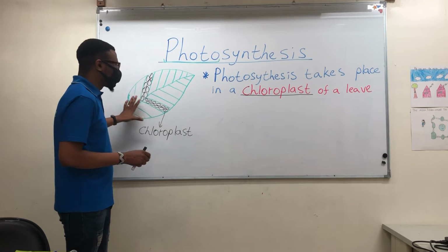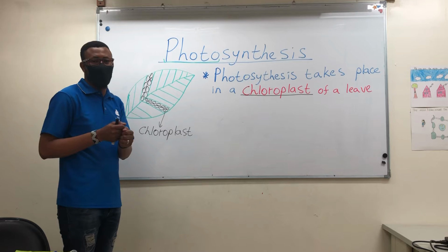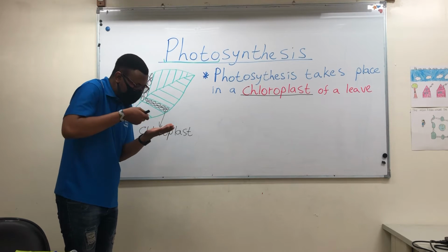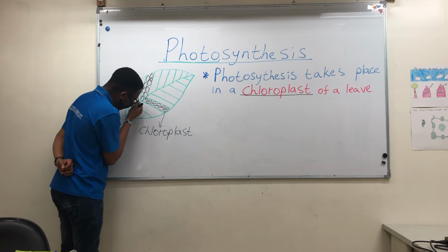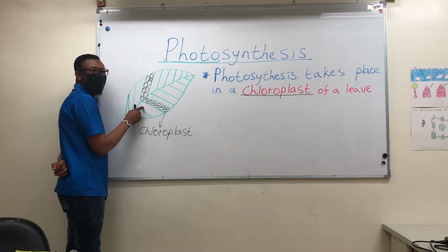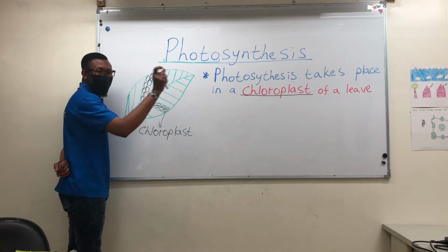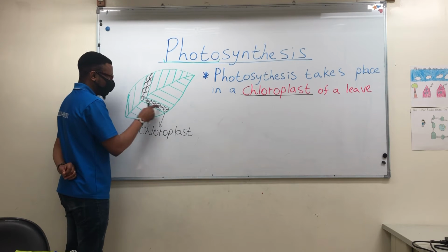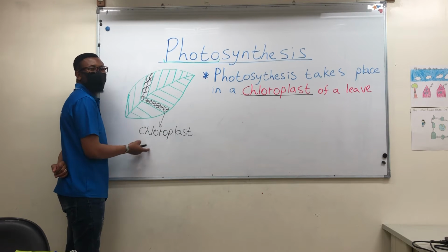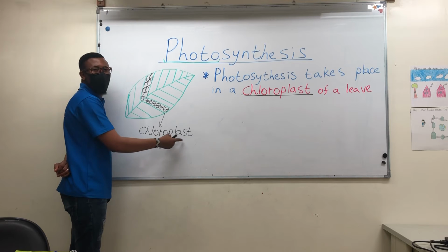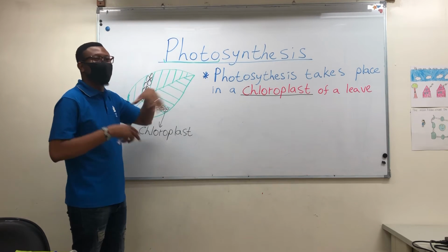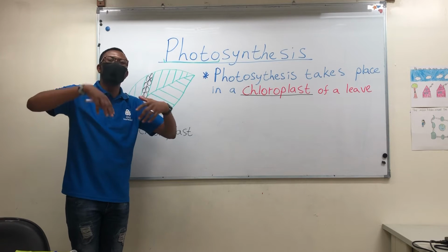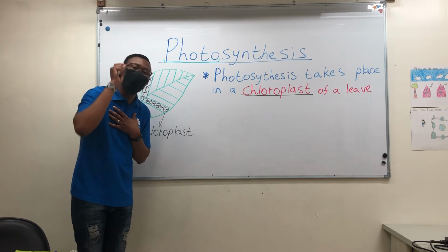When we take a microscope, or a hand lens, and we look at this leaf, we are able to see these tiny, small structures like this, right here. And that's what we call a chloroplast. And that's where photosynthesis takes place.